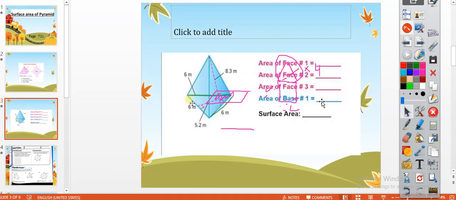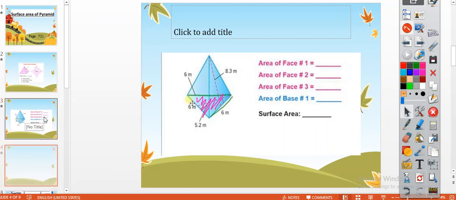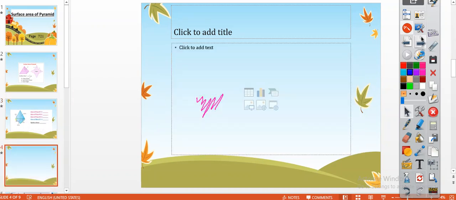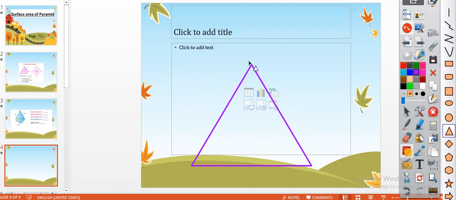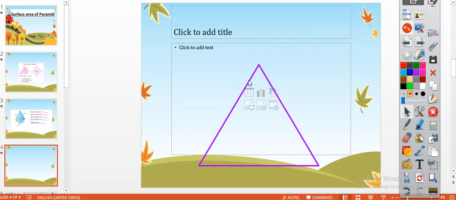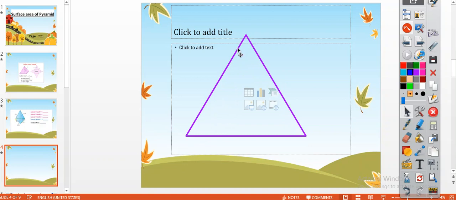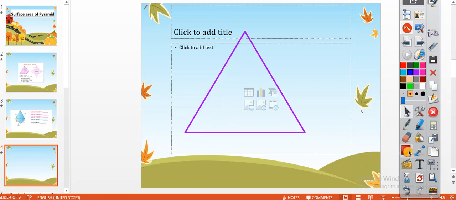What about the triangular pyramid? Well, to calculate the area of the triangular pyramid, you just need to calculate the area of one triangle, then multiply it by 4. And the reason is, let's take a close look at the net of the triangular pyramid that you're gonna study this year.